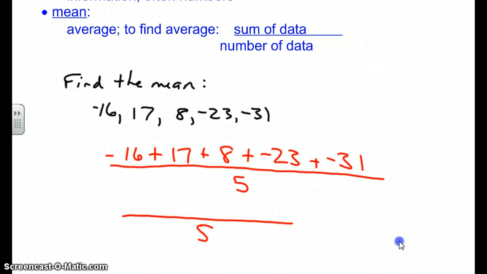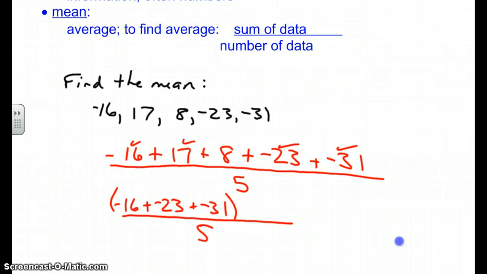We can take negative 16 and put negative 23 near it and negative 31 near it and group those together. Then take those 2 positives, 17 and 8, and do them over here, and then add these 2 together later.